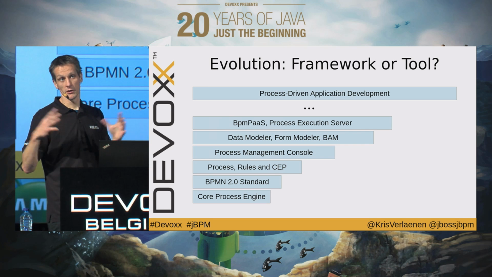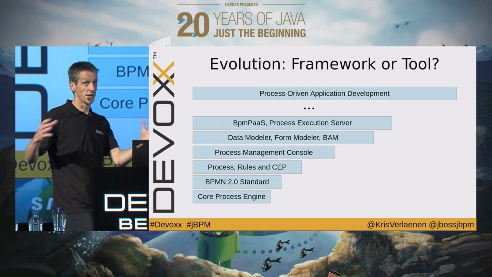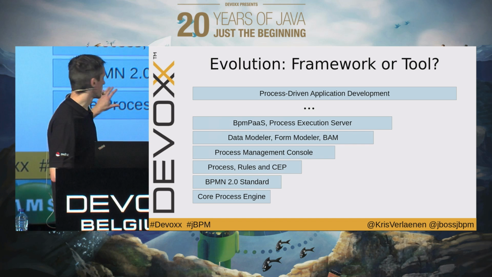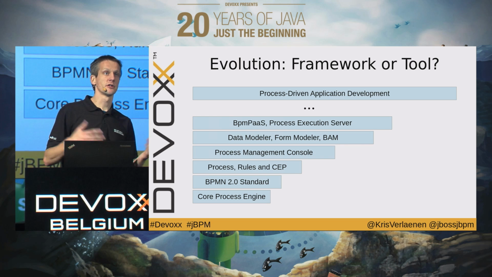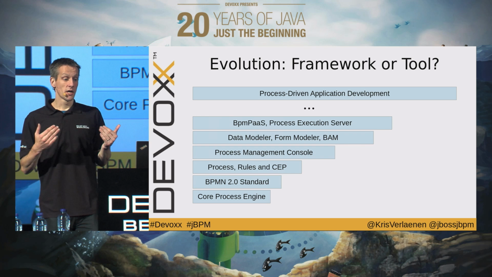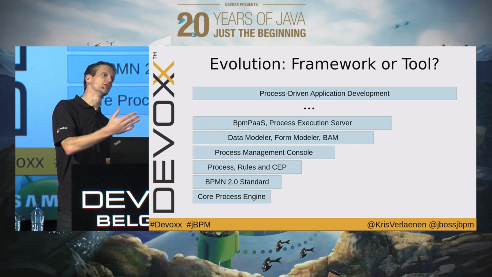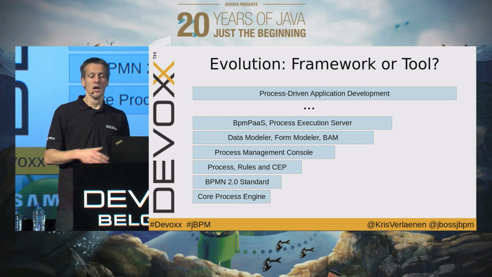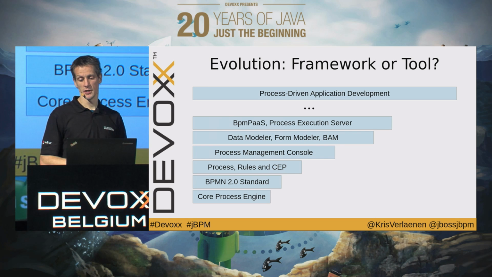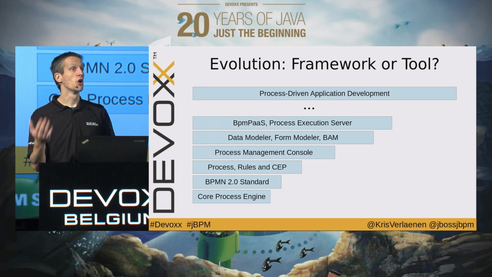We were really focusing on, okay, you've got a process, you design it, how can I execute it? What came next is a standard, the BPMN2 standard that typically now all vendors implement. It actually helped because before, all engines had their own language. Nowadays, BPMN2 is the standardized language that all vendors support to model your processes.